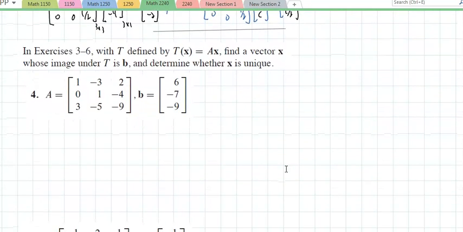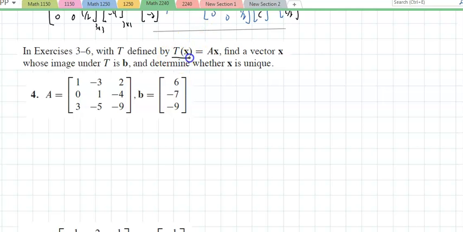I'm looking at number 4. I'm trying to read it and understand it. It says, this transformation is simply AX. Find X whose image under T is B. So how do we work? AX, that's in the domain, equals B. That's the image right there.